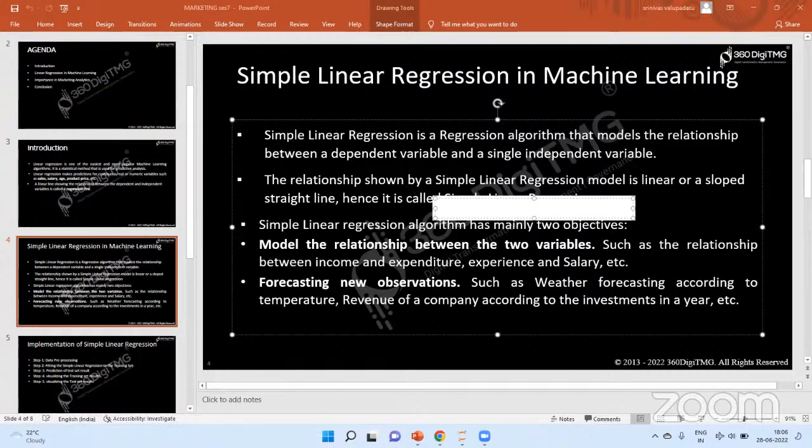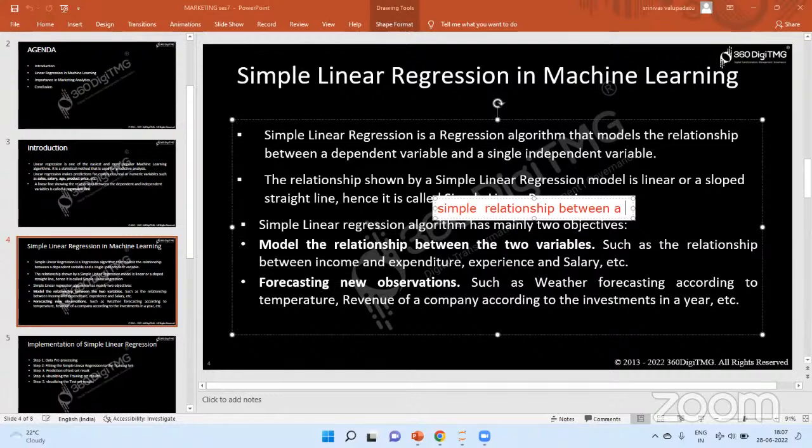Coming to simple linear regression, it gives the relationship between a dependent variable and a single independent variable. So there will be one independent variable and one dependent variable. The dependent variable is y, the independent variable is x, and the relation between these two is a straight line.